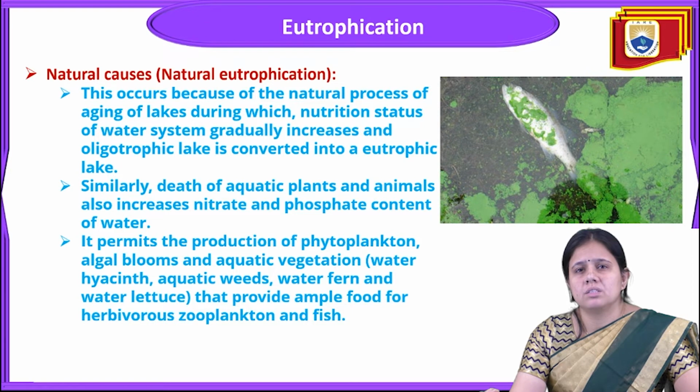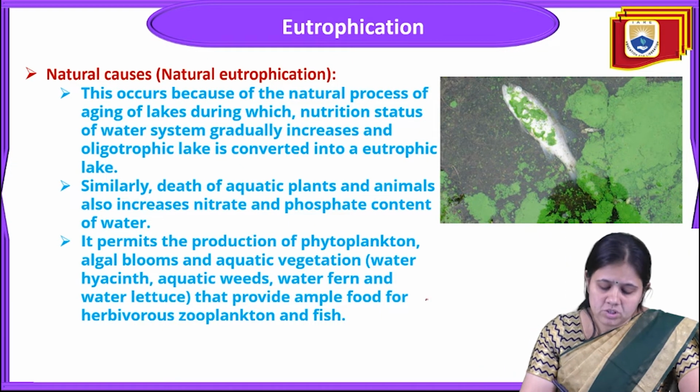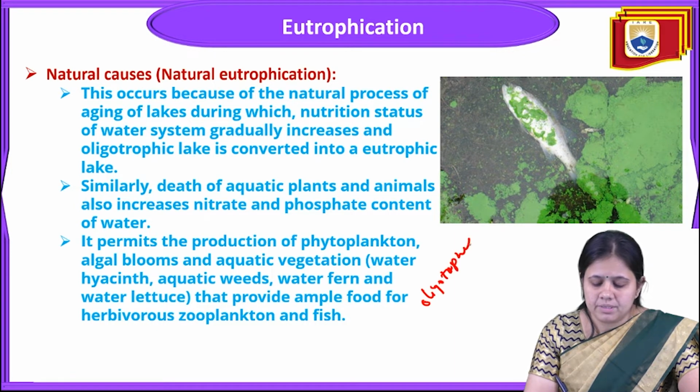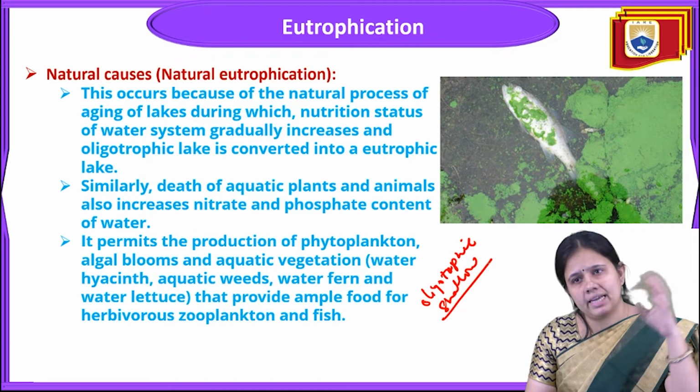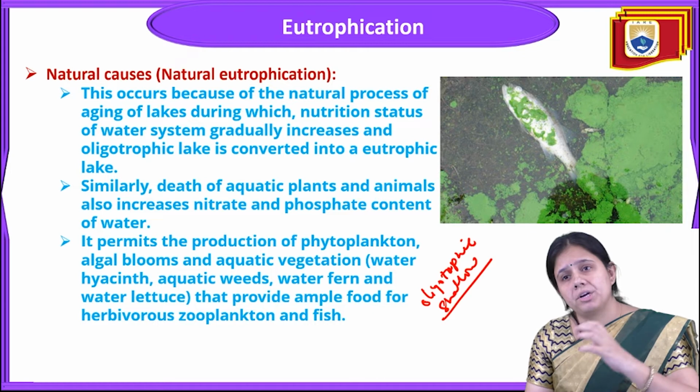Natural eutrophication occurs because of the natural process of aging of a lake, during which the nutrient status of the water system gradually increases, and an oligotrophic lake is converted into a eutrophic lake. Oligotrophic means a shallow lake, a lake with shallow water where sunlight can reach the bottom of the lake.